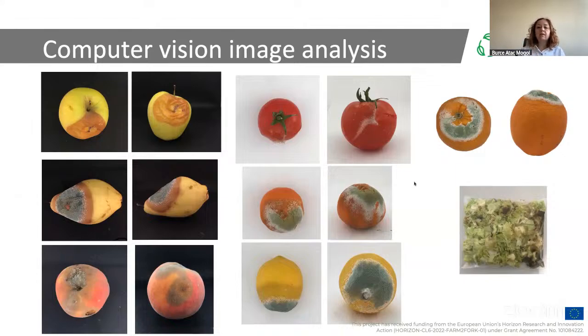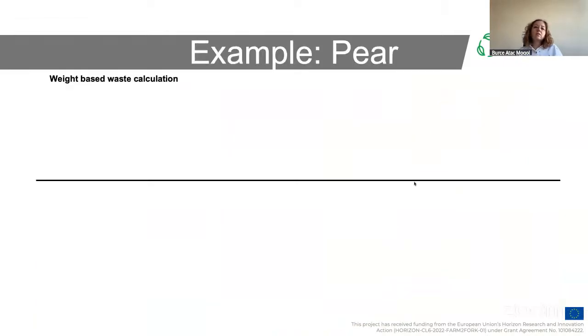You can see there are the color changes. So we use this information by just taking the picture and trying to relate it with the actual waste, where you cut off the bad part and consume the rest, or you can just throw it away. So I will just give you one example about the pear.